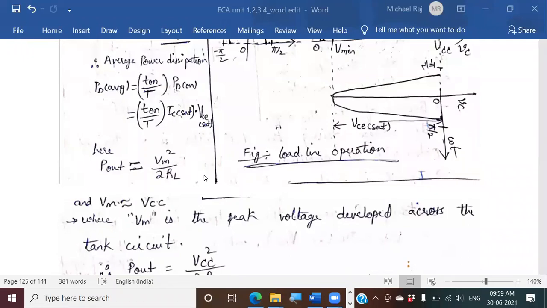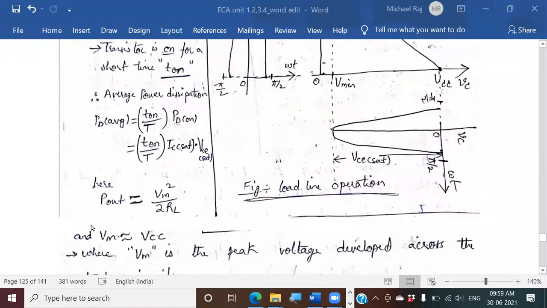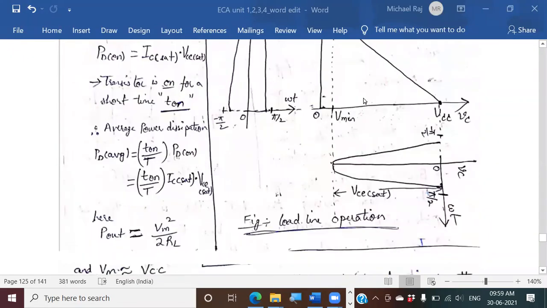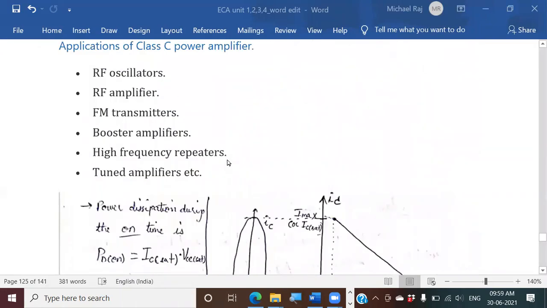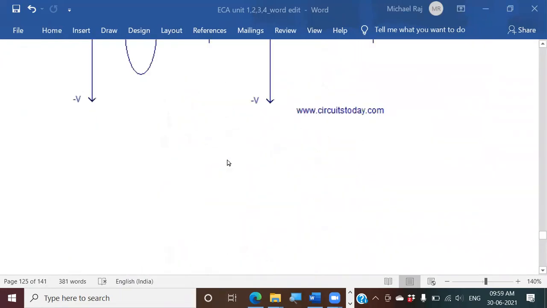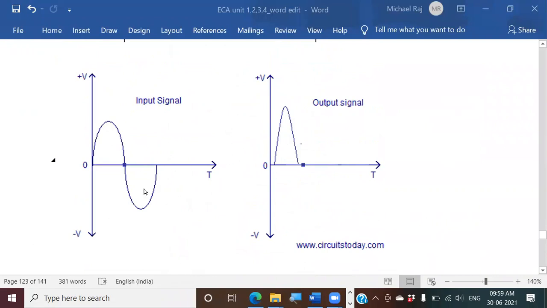Now usually the peak value will be nearly equal to VCC because we are swinging along the complete line. At the output, the peak Vm of the recovered sinusoidal output is like this height.